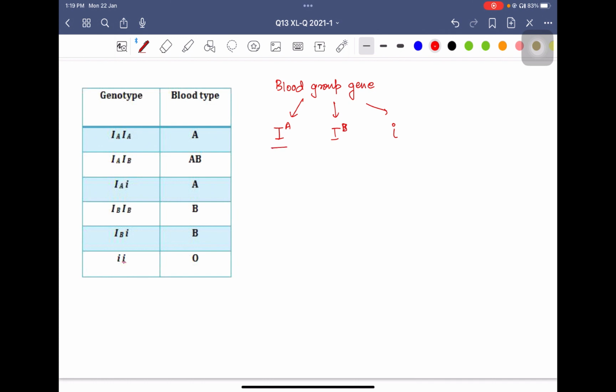So IA codes for A antigen, IB codes for B antigen, and small i does not code for any antigen. So now this is a case of codominance.